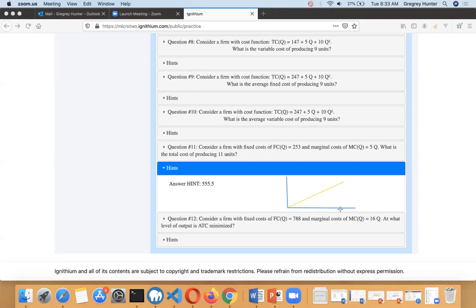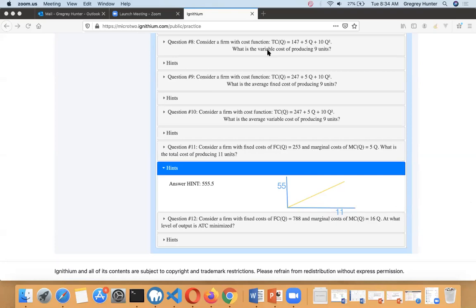And this is, you know, Q is equal to 11 or something there, right? So the height's 55, and there's Q is equal to 11.